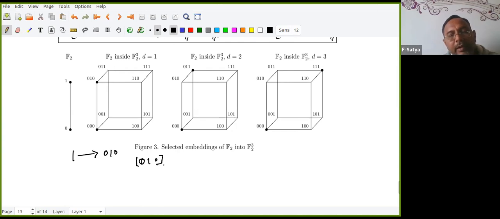This is my generator matrix. The size of this matrix is 1 cross 3. Now I multiply 0 here, this maps to 0, 0, 0. Multiply 1, I map it to 0, 1, 0. Correct? So this is my generator matrix. Are you clear?